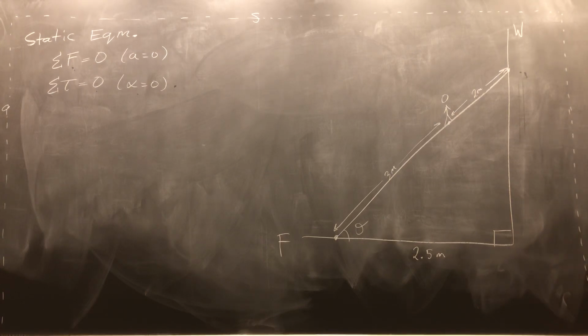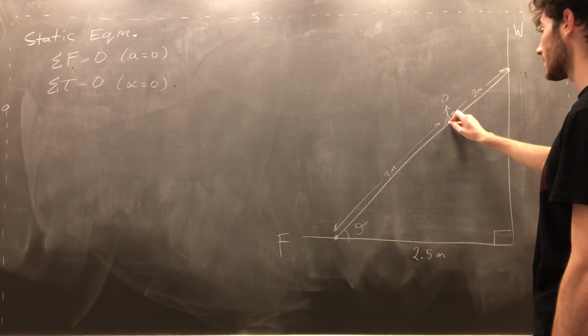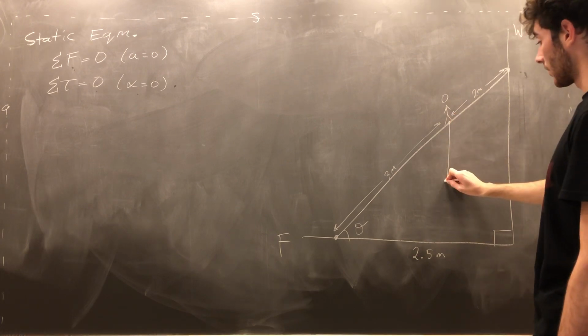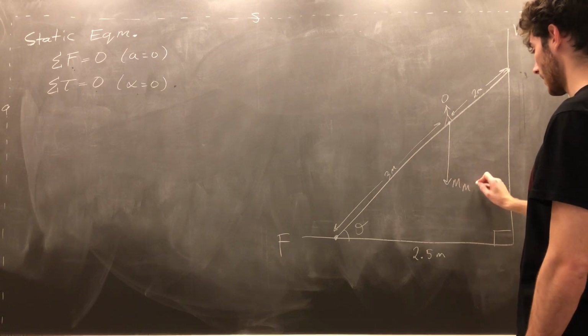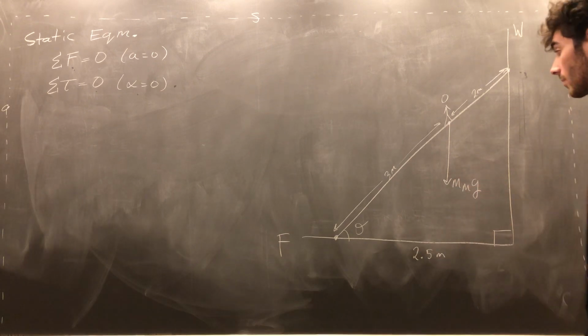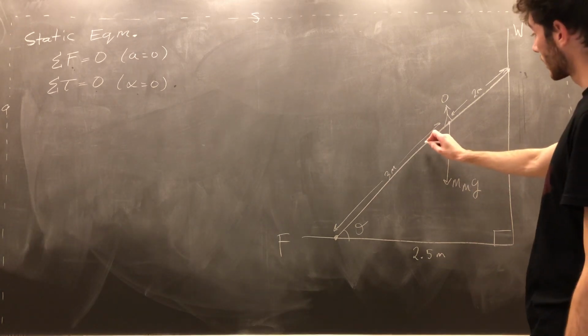So let's start with a free body diagram and put in all the forces that we have to worry about. First of all, we have the man. He has a mass, he has a weight. So there's going to be some force M, mass of the man, times gravity, pointing straight down. Furthermore, we have the ladder, which has a weight.